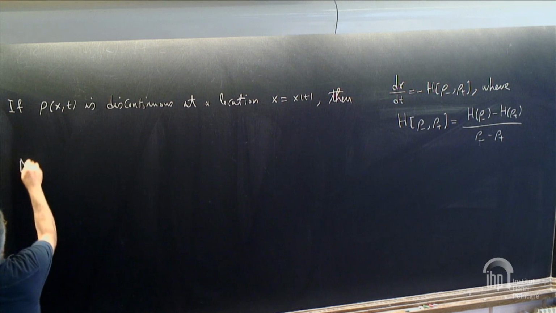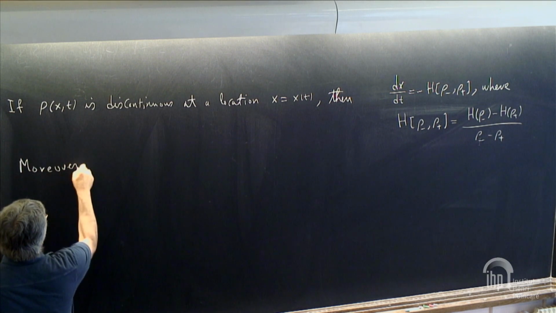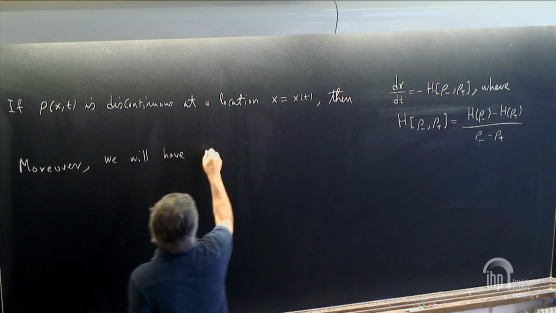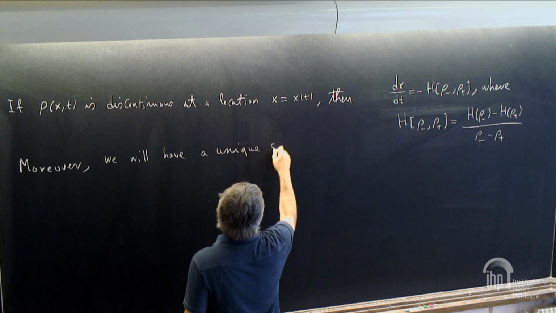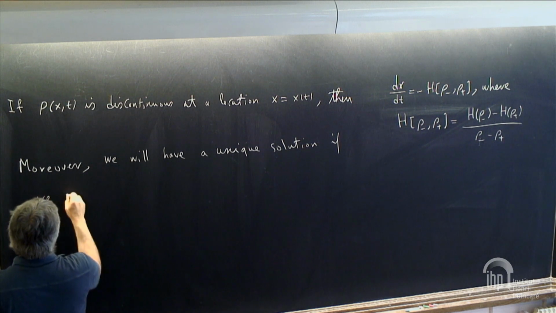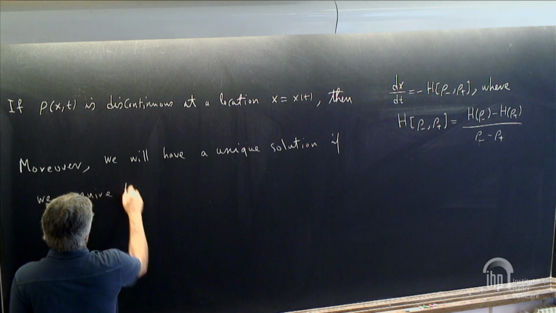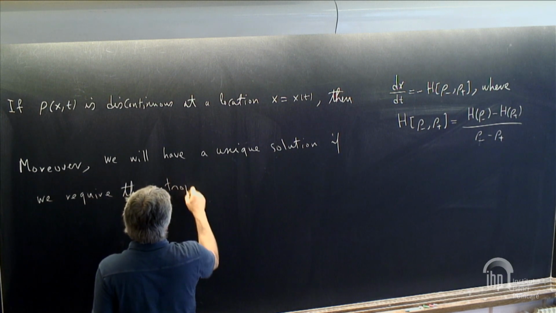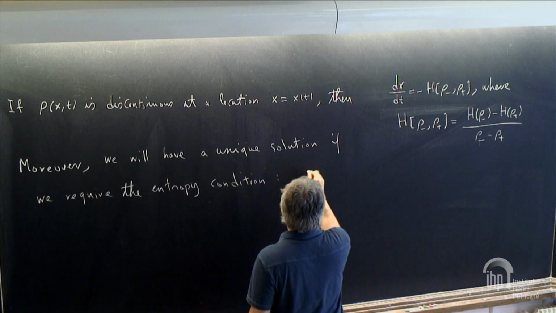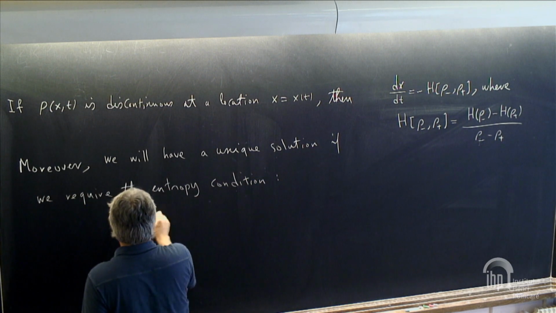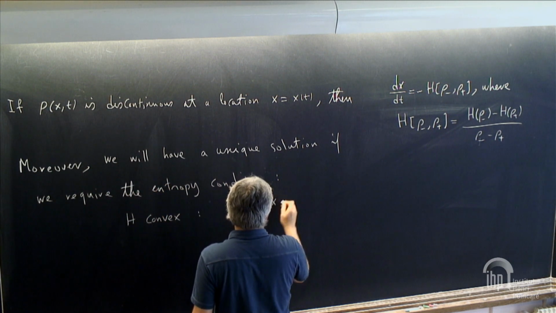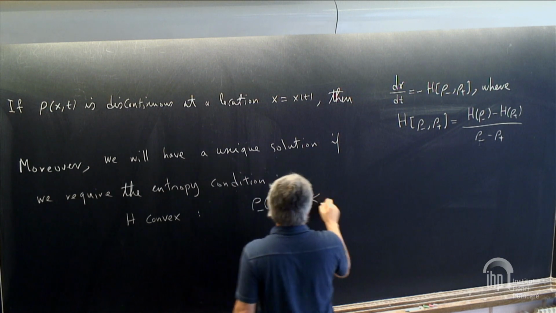And moreover, we will have a unique solution if we require the entropy condition, which in our case, since H is convex, really means that the left value must be less than the right value.